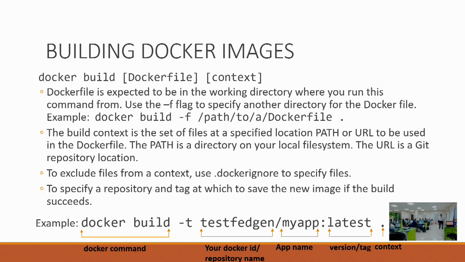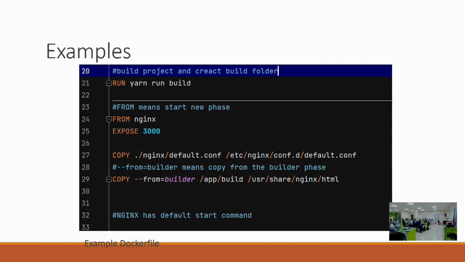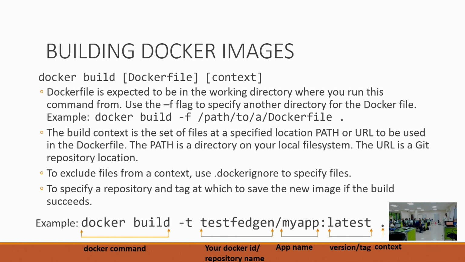To specify a repository and the tag to which to save the new image, we use the -t. You know, I've been seeing our images have tags. For example, here, this is a tag, :12-alpine. That's a tag. So in my own image, if I want to specify a tag, I will use this -t.